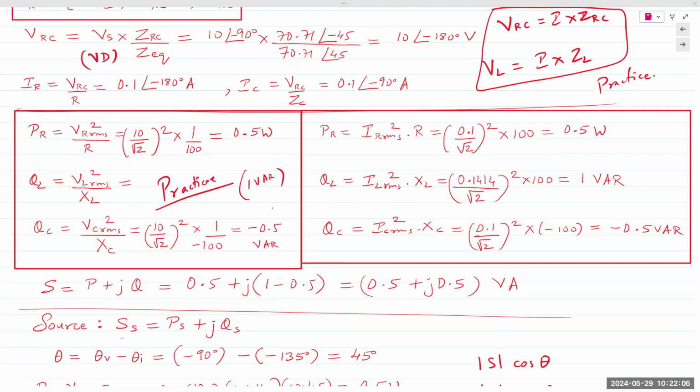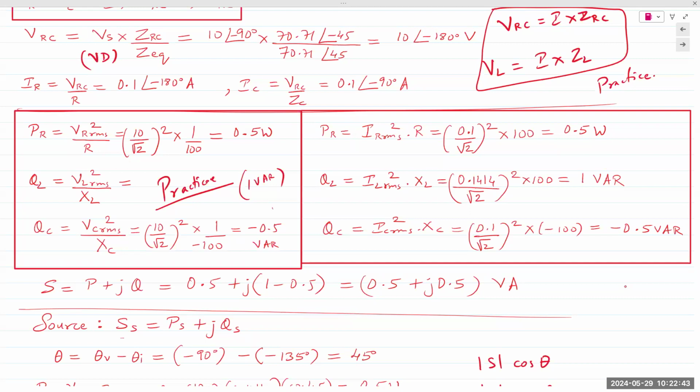So the technique is basically the same for both, but on the left, all I'm doing is using voltages, and on the right, I'm using the currents for each quantity. So these are just the inductor, the resistor, and the capacitor, noted by the subscripts R, L, and C. Resistor, of course, only has average power or real power, which is P, and inductors and capacitors have only Q. So it's only PR and not QR, because resistors don't have reactance, they don't have reactive power.